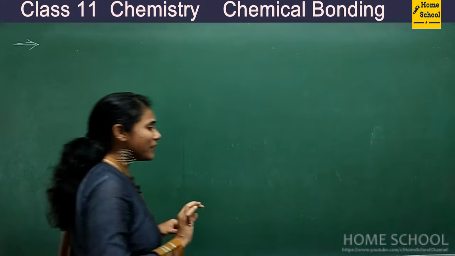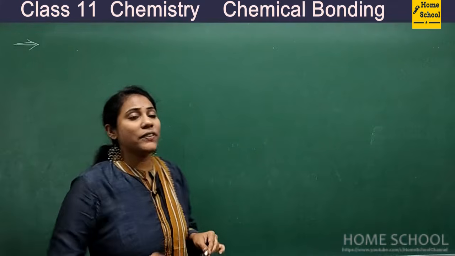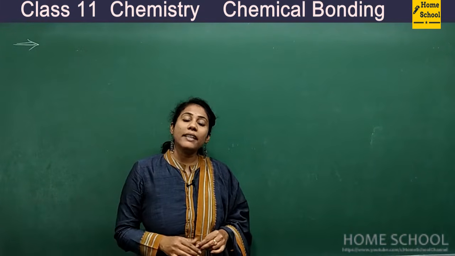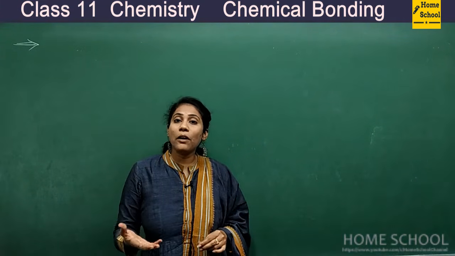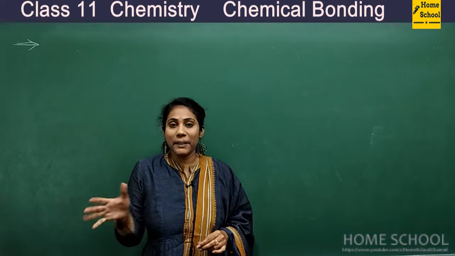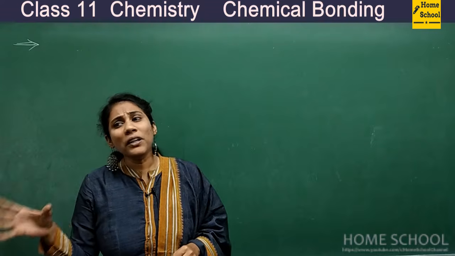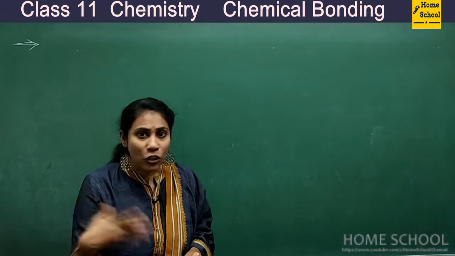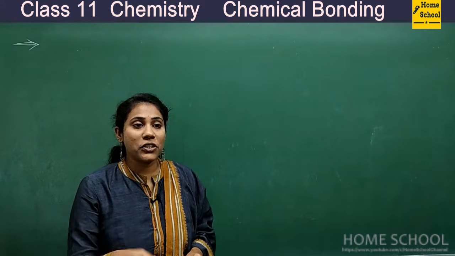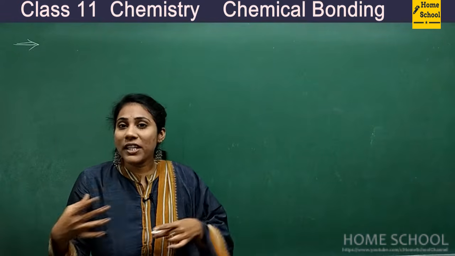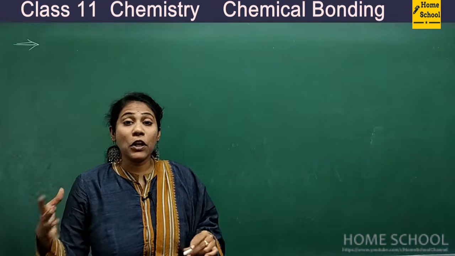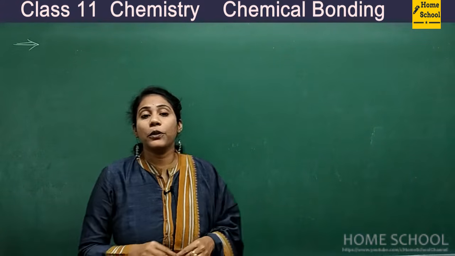See, in the previous video, I gave a small introduction on ionic compounds as well as covalent compounds: ionic bond formation, covalent bond formation. More detailed aspects were discussed on covalent bond formation, like how sharing of electrons takes place in order to satisfy the octet rule.